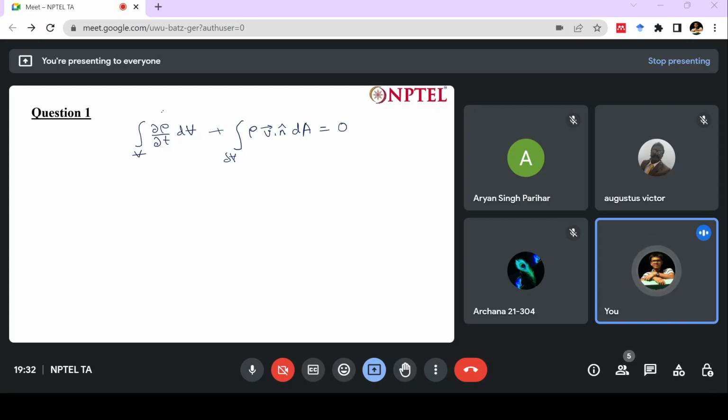What is my first term saying? It is the change of density inside my control volume with time. Is there any change of density? There is no such thing. It is in a steady state, so nothing is changing inside my control volume with time. So this component is 0.